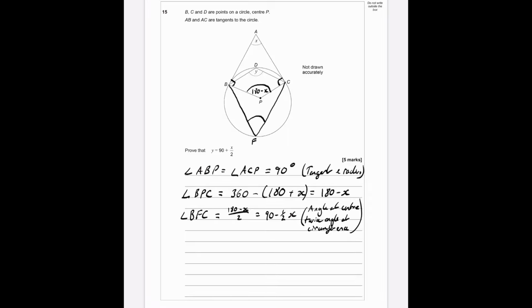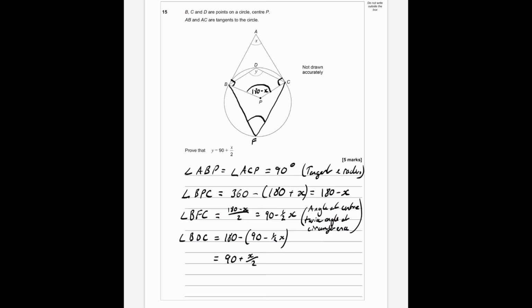Now, because we have angle BFC and we know that BFCD is a cyclic quadrilateral, opposite angles on a cyclic quadrilateral will sum to 180 degrees. So if I subtract our 90 minus a half x from 180, we will get the opposite angle, the BDC, which is the angle we want, y.